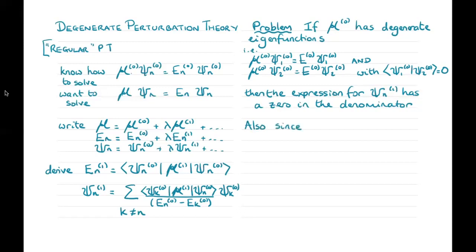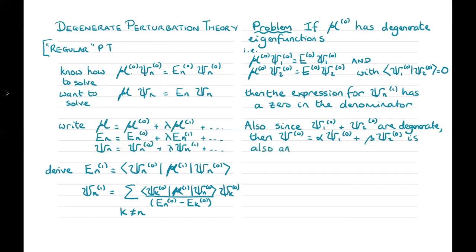because we know that when psi 1 of 0 and psi 2 of 0 are degenerate, they have the same energy, they're both eigenfunctions of the same operator with the same eigenvalue, then any linear combination of them, let's just write it as psi of 0, which is alpha psi 1 of 0 plus beta psi 2 of 0, is also an eigenfunction of H0.